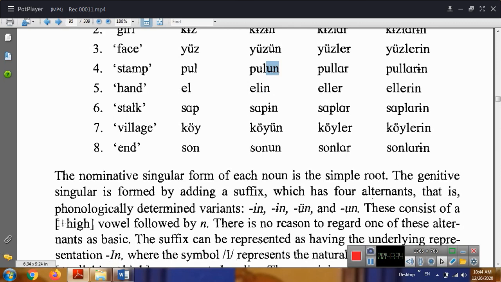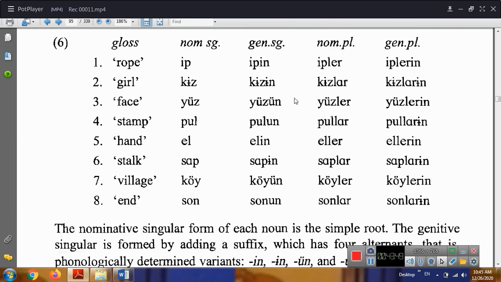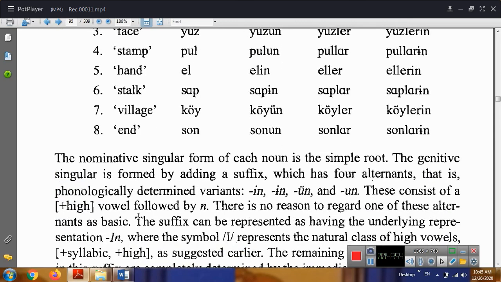This consists of a plus high vowel followed by n. All are plus high vowels followed by n. This is their suffix. There is no reason to regard one of these alternates as basic. We don't need to find its basic form. The suffix can be represented as having the underlying representation In.